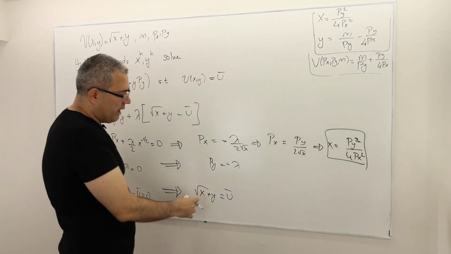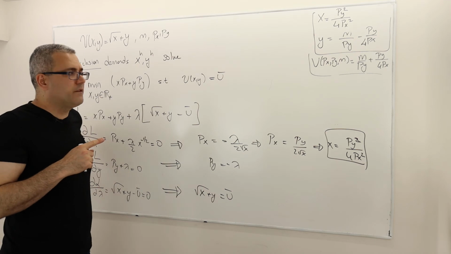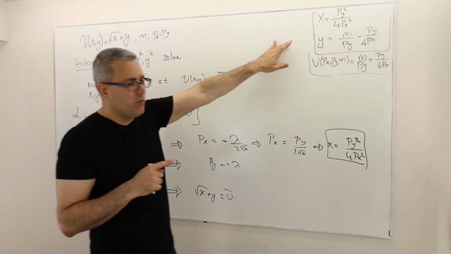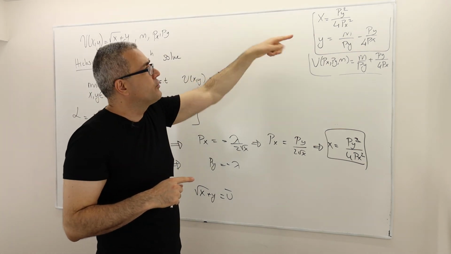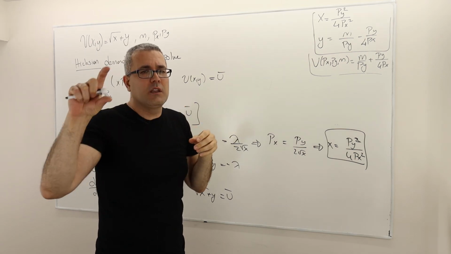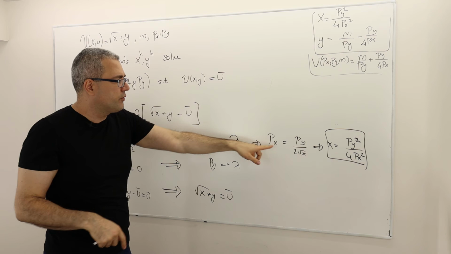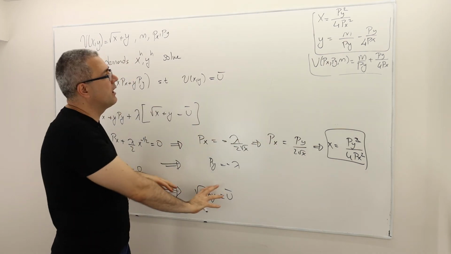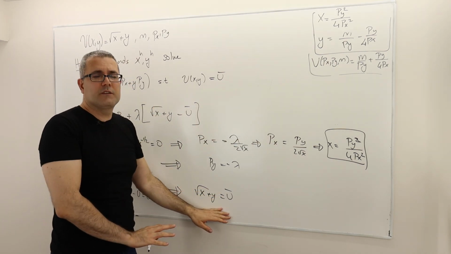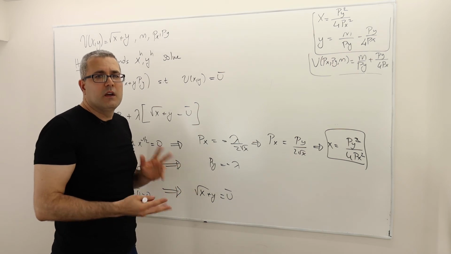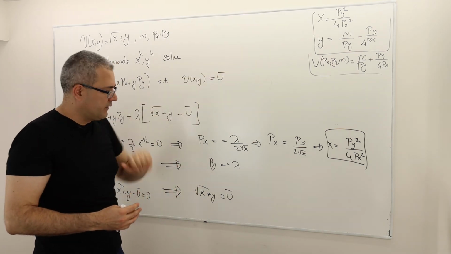How do I find y? Well, y is going to be different, because remember, here I was finding y by inserting x into the budget line and then solving for y. Here, however, I'm going to be inserting x into not the budget line, but this equality, this constraint. And so the y is going to be different than this one.